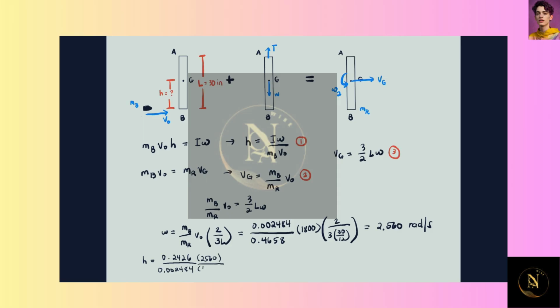This is equal to 0.1390 foot. Converting this to inches, since the original values are in inches, h equals 0.1390 foot times the conversion factor, 1 foot is to 12 inches. This would be equal to 1.668 inches.